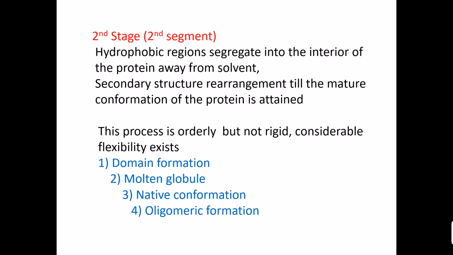And this process is orderly, but it is not rigid. There is flexibility. And there are 4 different shapes the protein molecule takes during folding. Number 1 is domain formation, number 2 is molten globule formation, number 3 is native conformation, and number 4 is oligomeric formation.